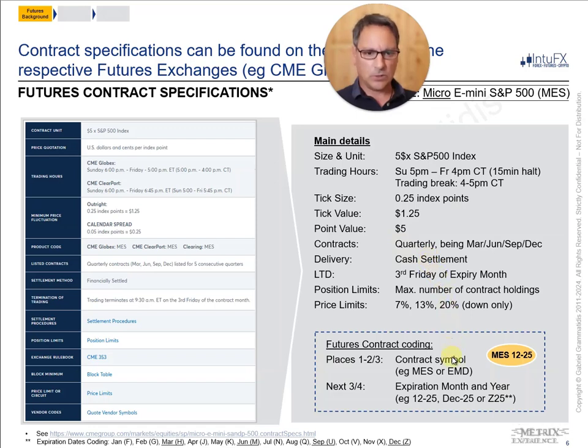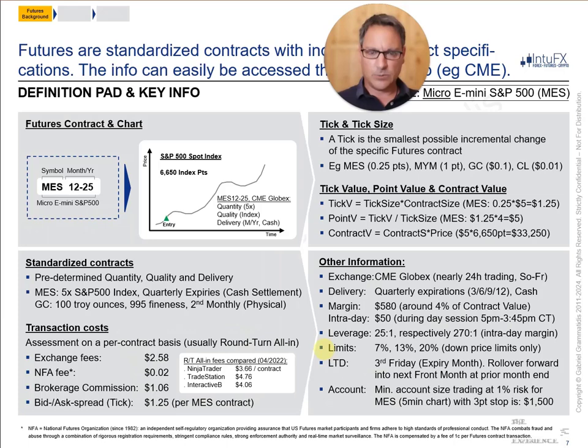Not wanting to go too much into detail, but there's a nomenclature here. There are rules for how these futures are named and coded, so you see the expiry. Well, let's move on.